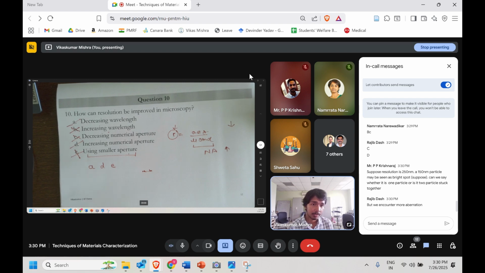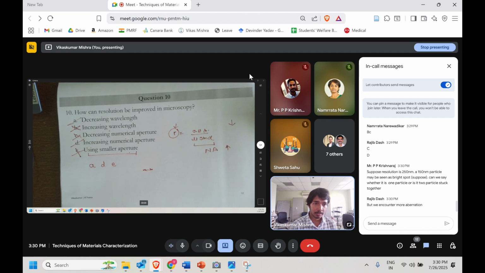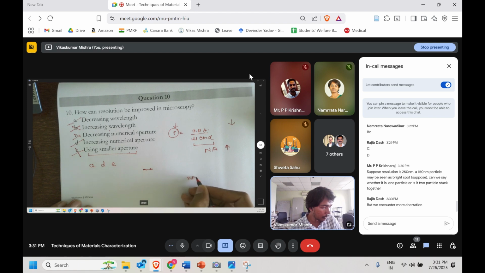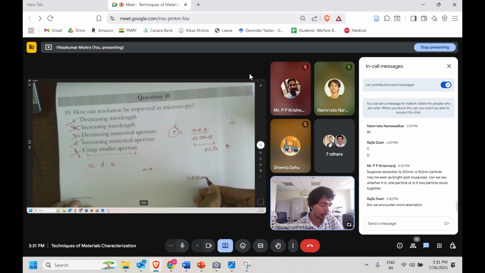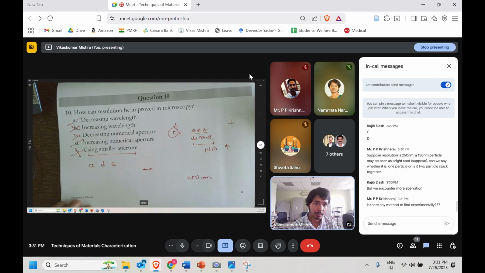Okay, Krishna just wrote something. Let's read it. Suppose resolution is this. A 150 nanometer particle may be seen as the bright spot. Can we say whether it's one particle or these two particles stuck together? Suppose the resolution is 250 nanometer, and the 150 nanometer particle may be seen as a bright spot.